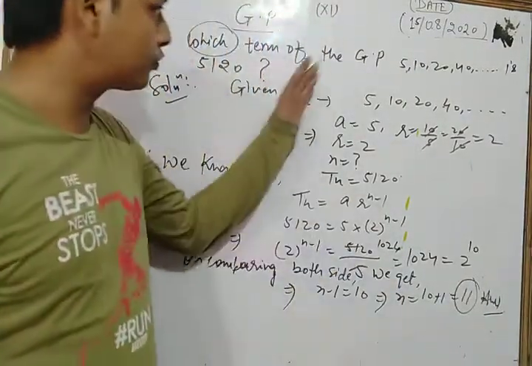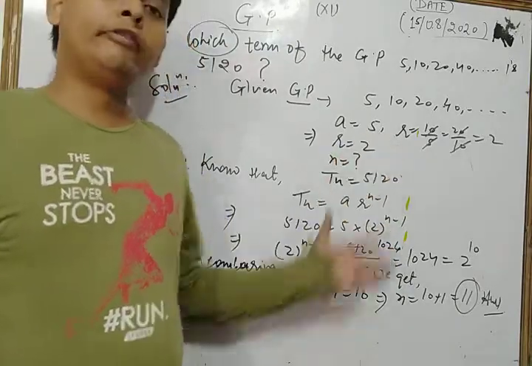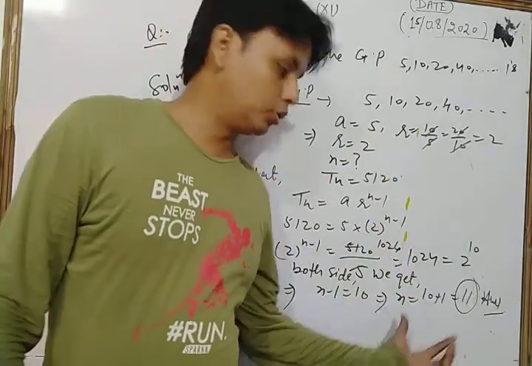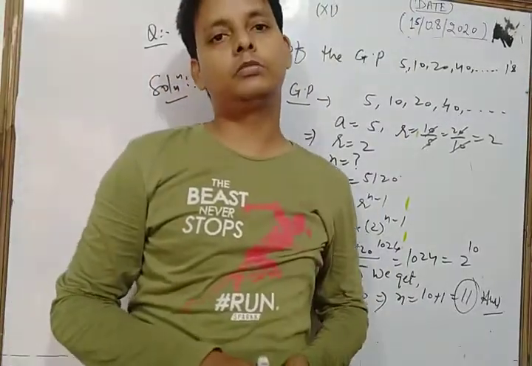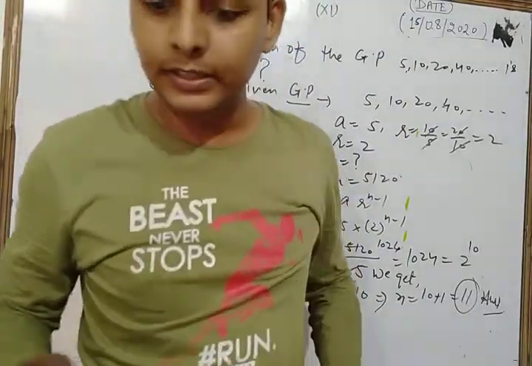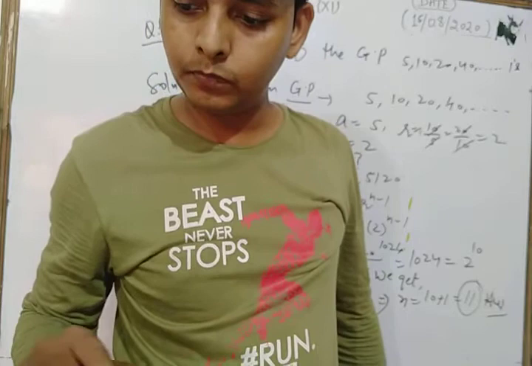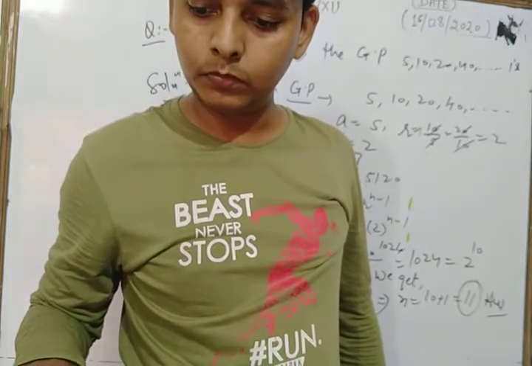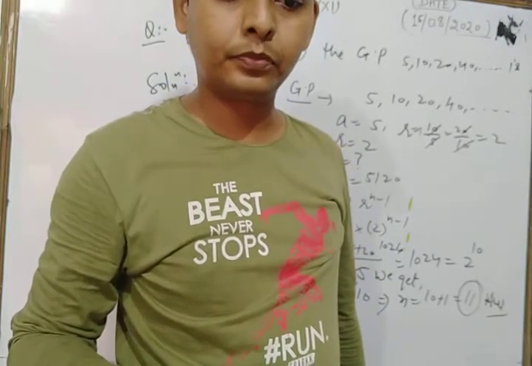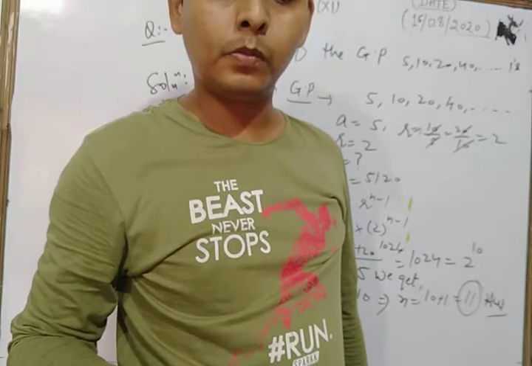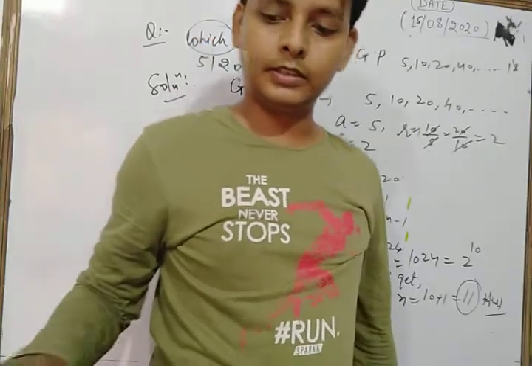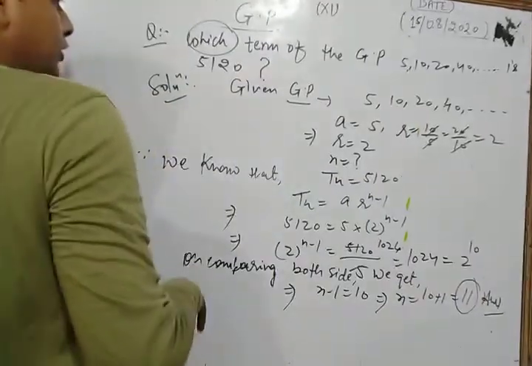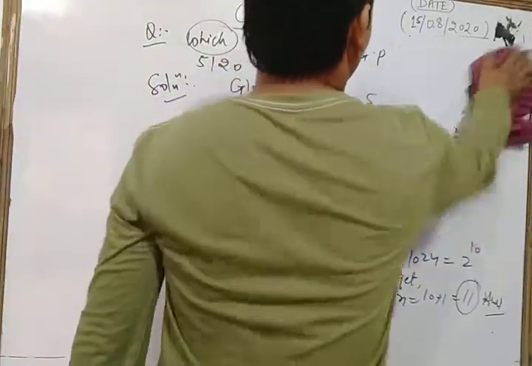So dear student, in this way we can solve that type of question. Now we take some other question based on GP. Let's see some NCERT question based on the GP.